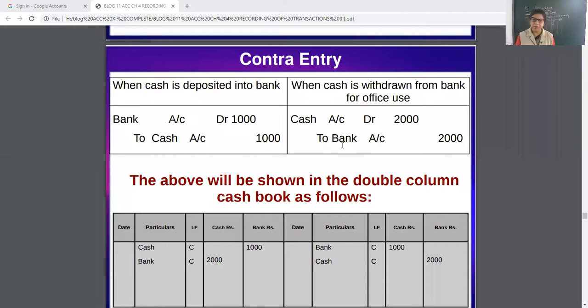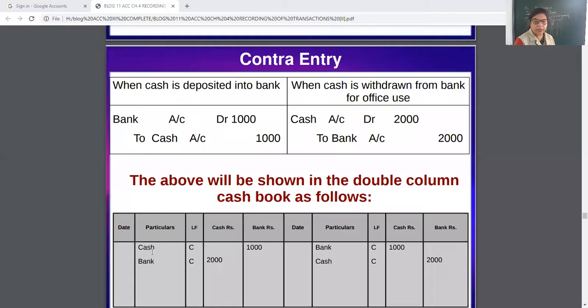That's why debit. And you will show this amount in the cash book this way: cash, bank, cash, bank.